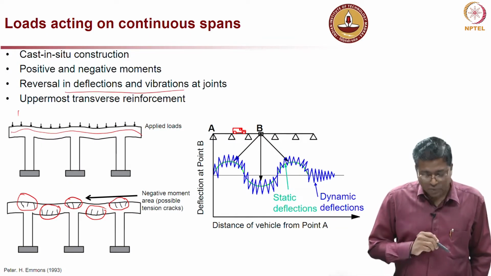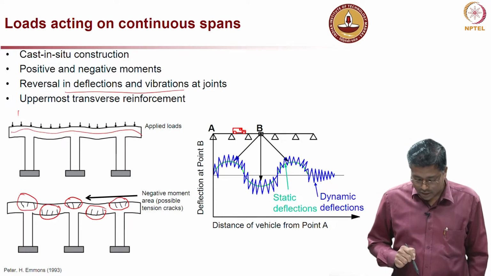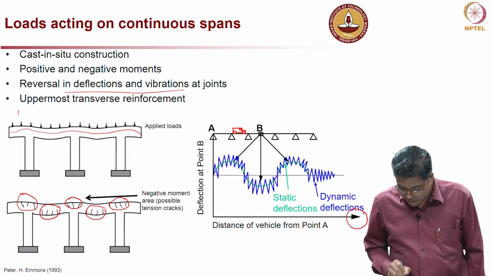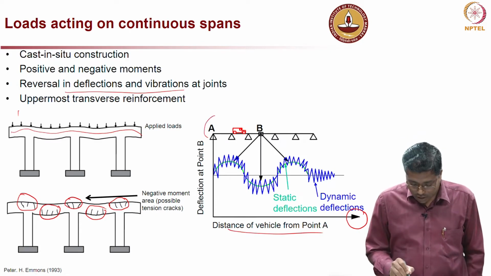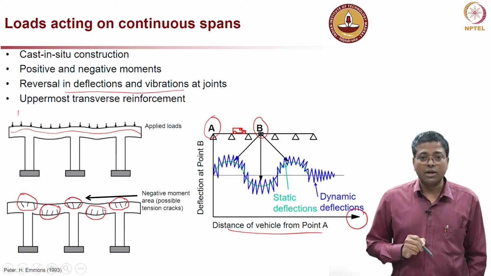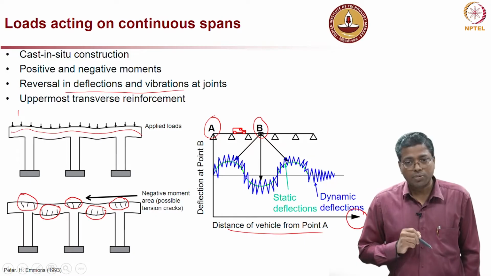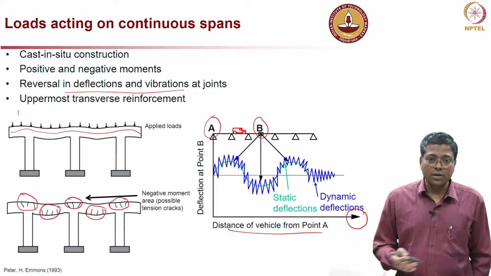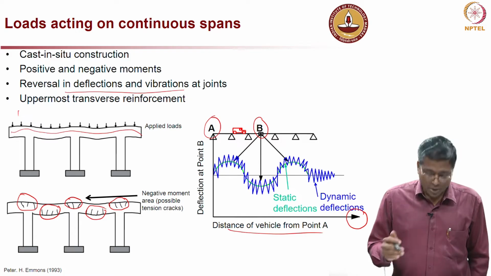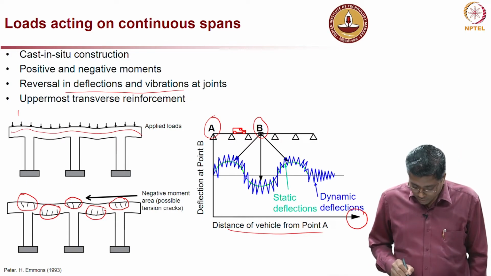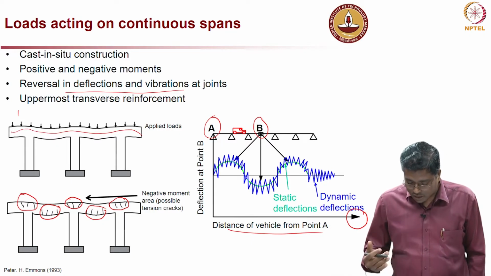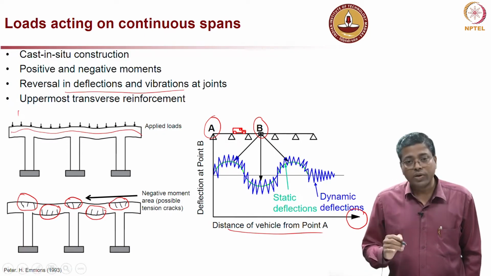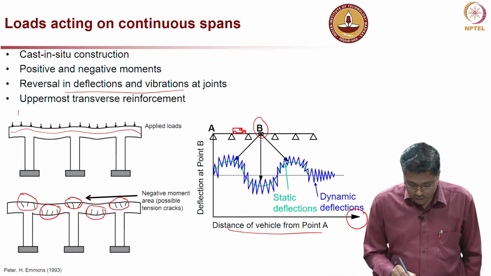Now, reversal in deflections and vibrations can also happen. For example, on the right side, the graph is showing on the abscissa the distance of the vehicle from point A, and the ordinate shows the deflection at point B. So, here the abscissa indicates the distance of the vehicle from point A, that is, point A is here.